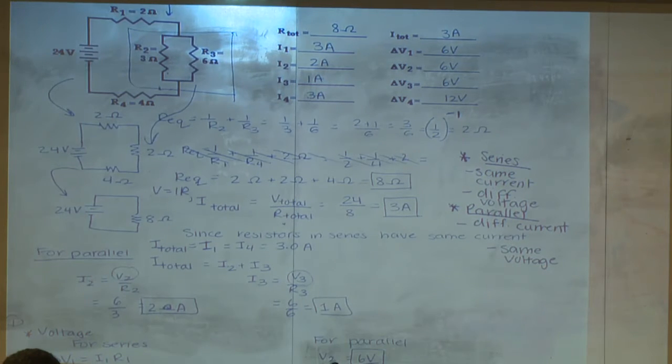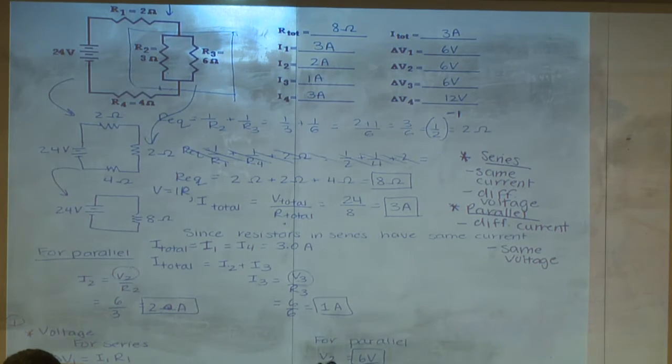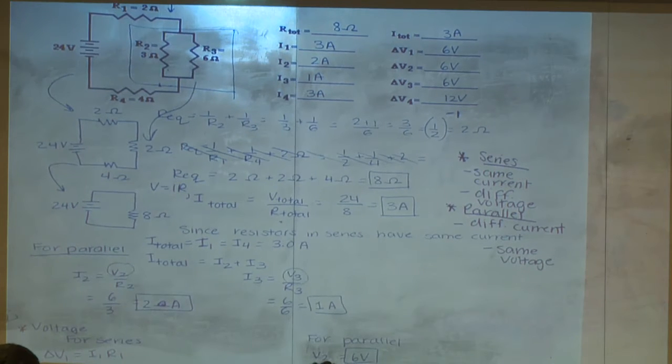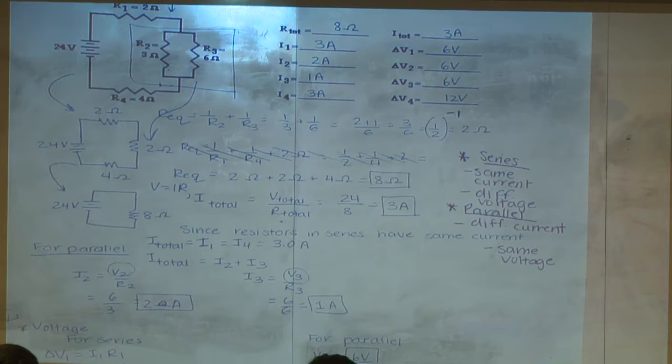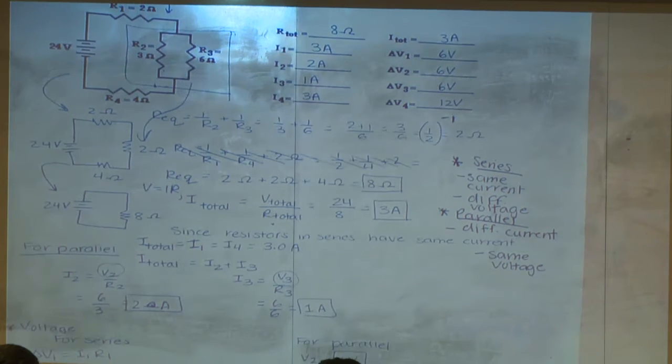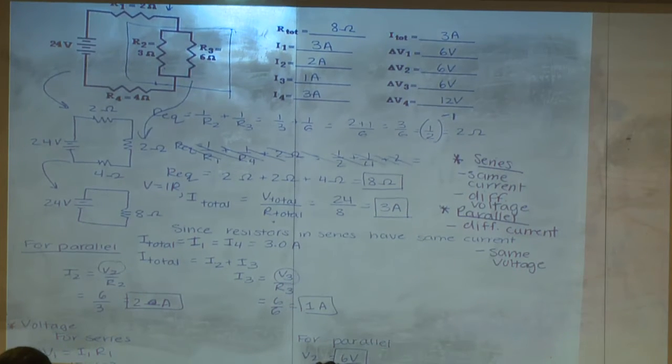For the voltage in resistor 4, we have I4 times R4, which is 12 volts. If you add these two together, that's the voltage drop overall in series, which is 18 volts. Then you subtract the 18 volts from the total, which is 24. So 24 minus 18 is 6.